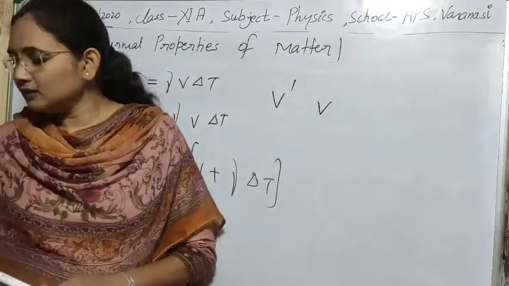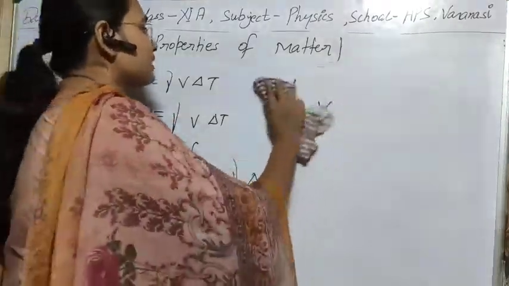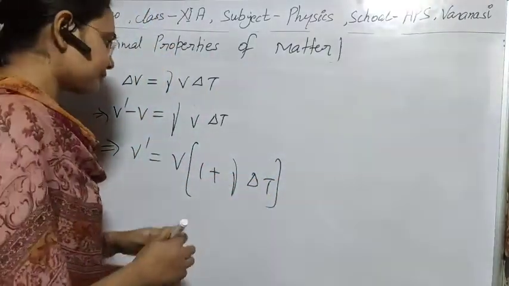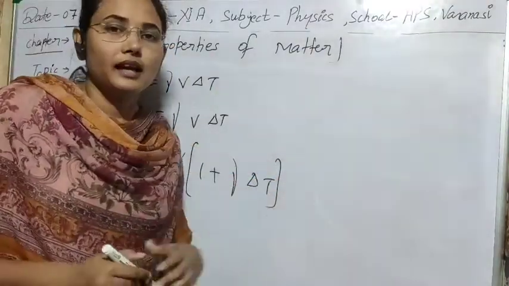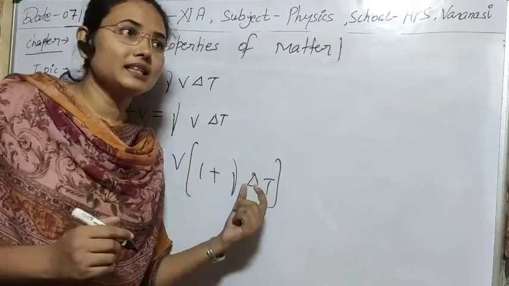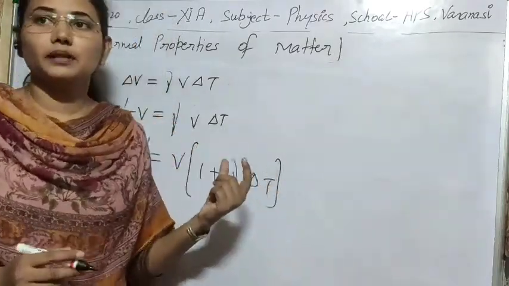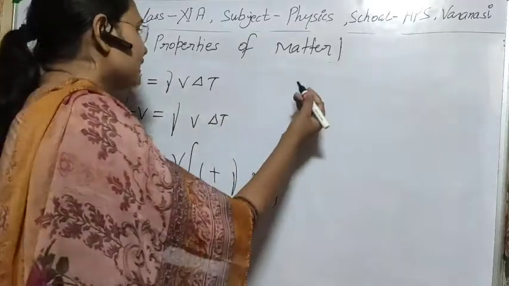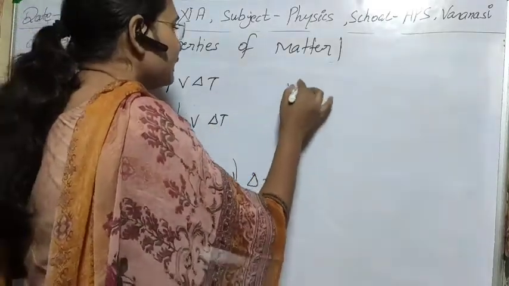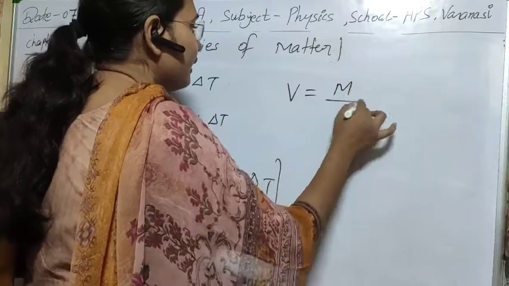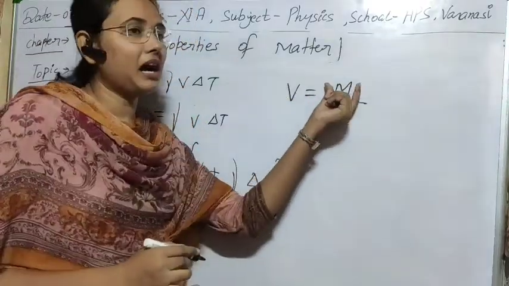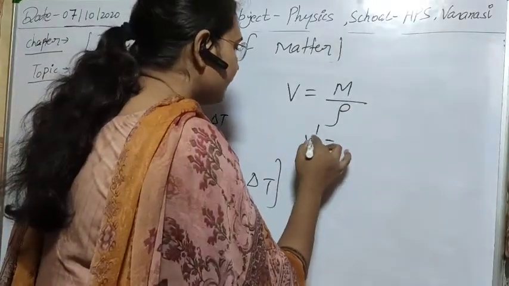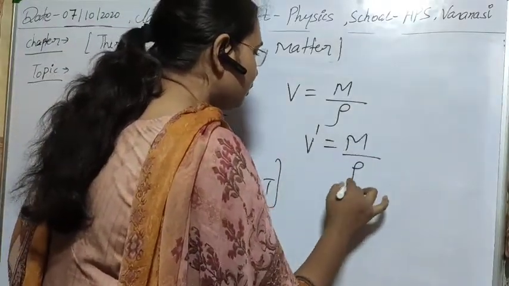Now suppose that rho is the density of the solid or liquid originally, and rho' is the density of the liquid or solid after changing the temperature by delta T. So we can write V equal to m upon rho, if m is the mass of the liquid or solid taken, and also V' as m upon rho'.